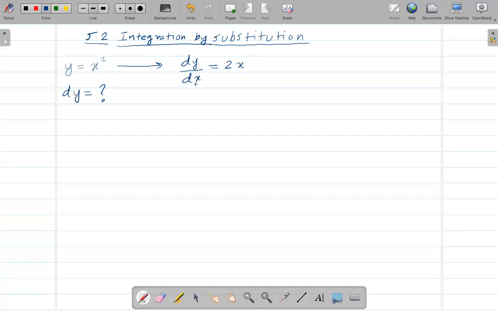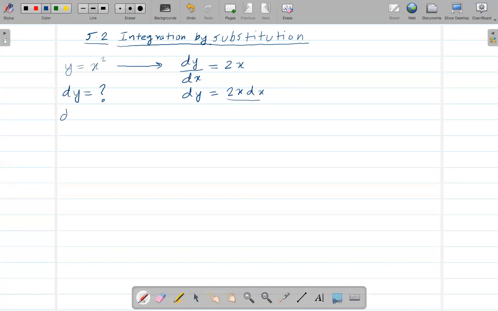Now from this, if we are trying to find the value of dy, then just multiply dx on both sides. So we get dy equals 2x dx. So this value is dy.